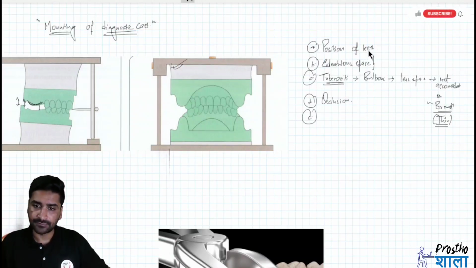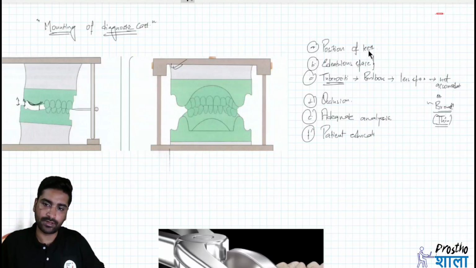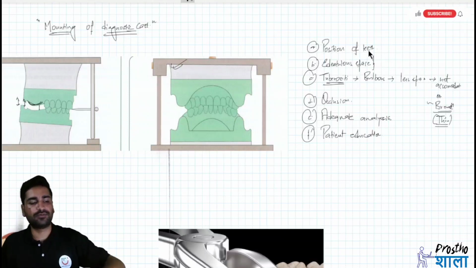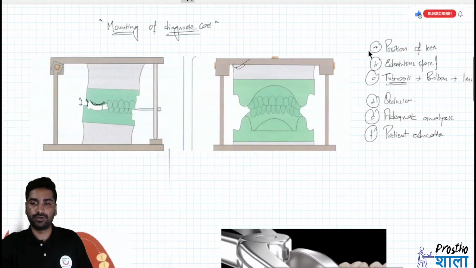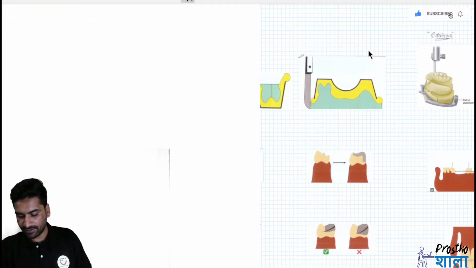Firstly it gives you an adequate analysis, and also patient education can be done. You can explain to the patient what the actual problem is and what correction you will be doing. So this was about your post clinical or derived diagnosis.